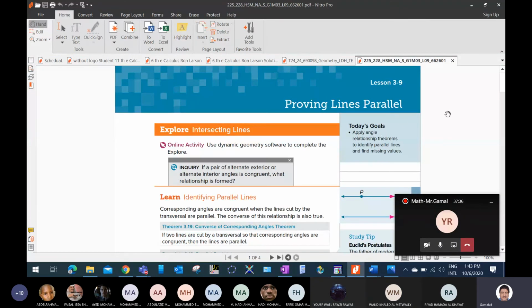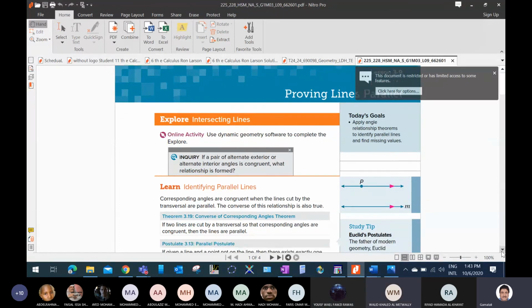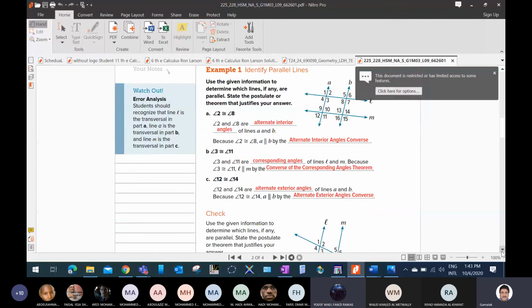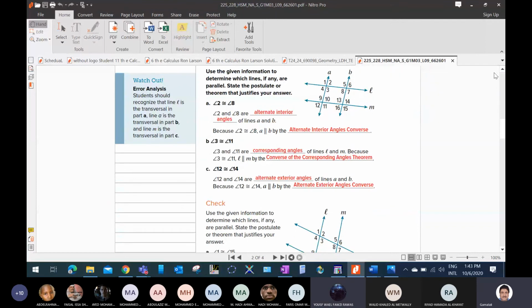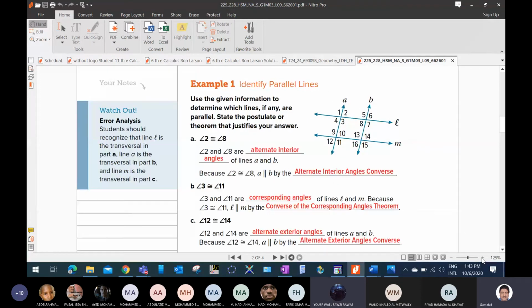You have the book or not, guys? Yes, Mr. I have the book. Example number 1. Look at the angle 2 and 8.